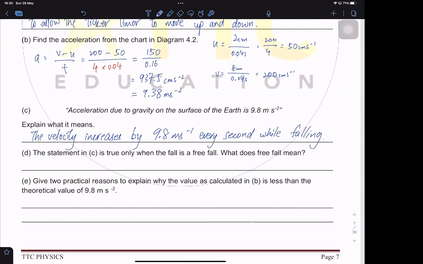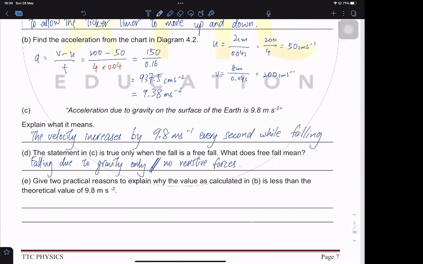So you say falling due to gravity only, or you can say no resistive forces. Basically, you are only falling because of gravity. Then only you can get 9.8.